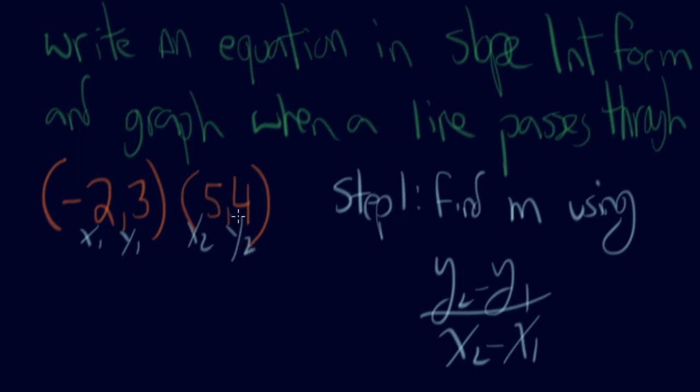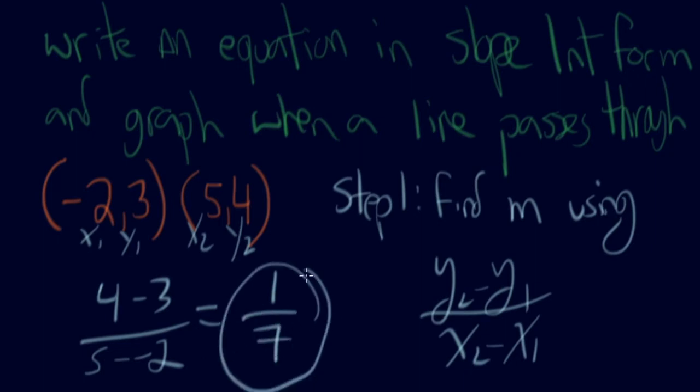So you'd do 4 minus 3 over 5 minus 2. Ooh, double negatives become positive. So 4 minus 3 is 1. This is going to be positive 7. I got m. Step 1 is complete. Woo! Step 1. Awesome. Which, of course, brings us to step 2.